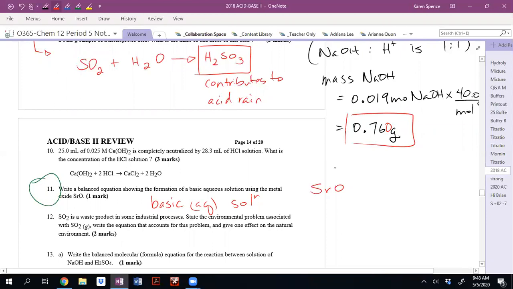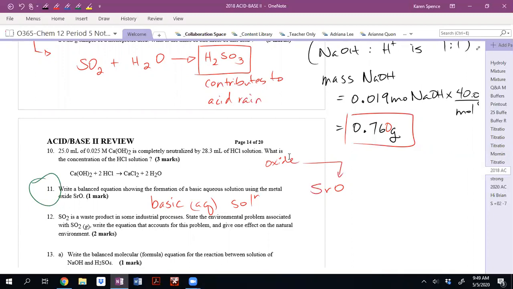Well, what kind of a compound is this? It's an oxide. What kind of an oxide is it? Well, it's strontium oxide. More generally, what kind of an oxide is it?